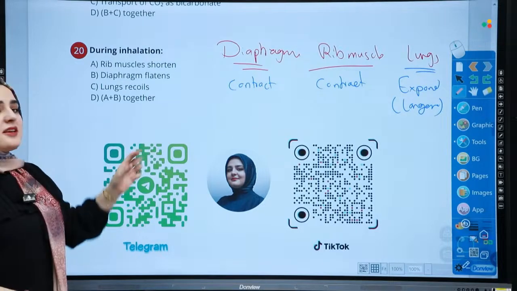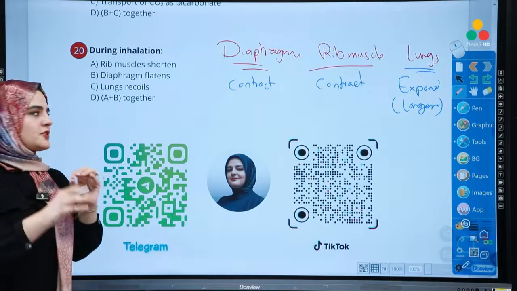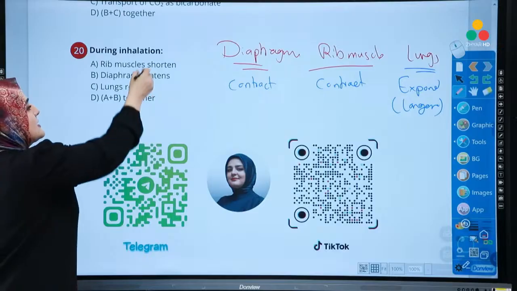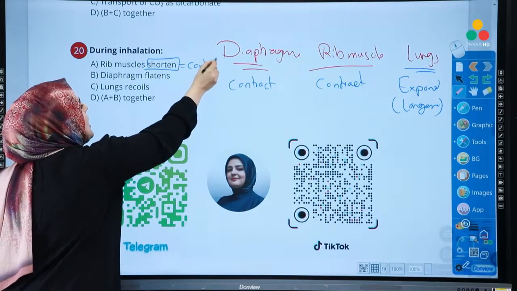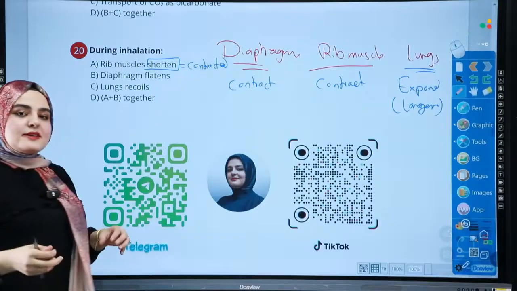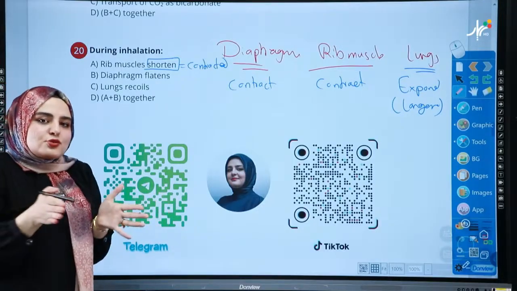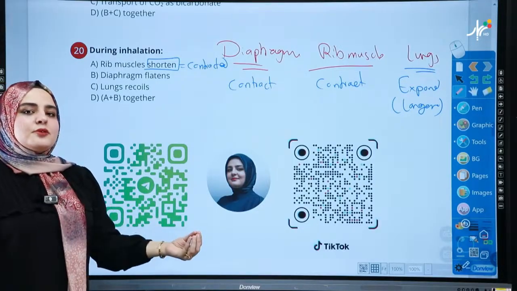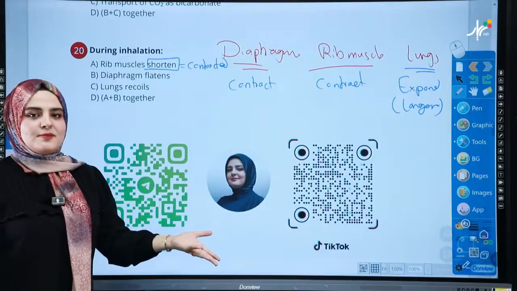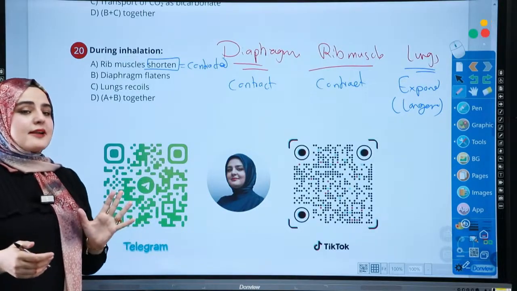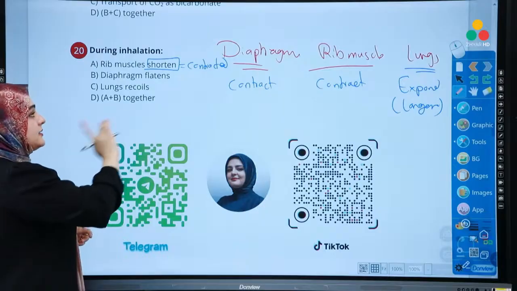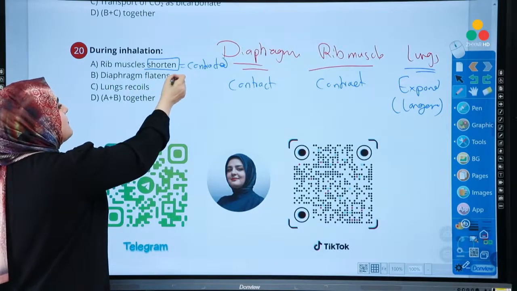There are other words. Here you need a bit of English proficiency, like we said. Saying shorten is equal to saying contracted. Why? Because anything that contracts is getting shorter. Anything that relaxes is going back to its original state, which is longer. Got it? So don't panic. Shorter means it's contracted, for muscles, I didn't say for anything else. Diaphragm flattens.